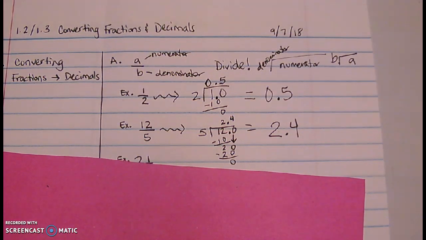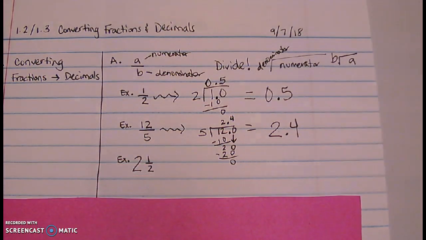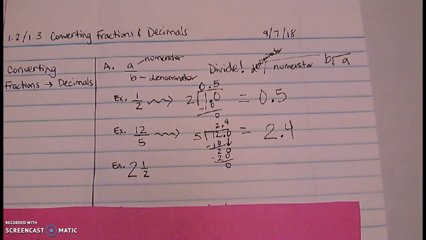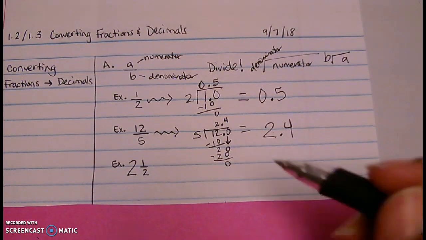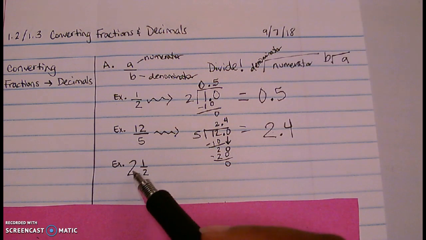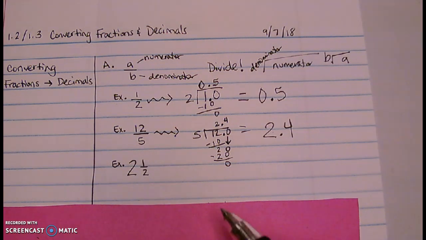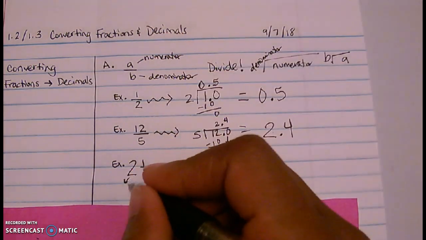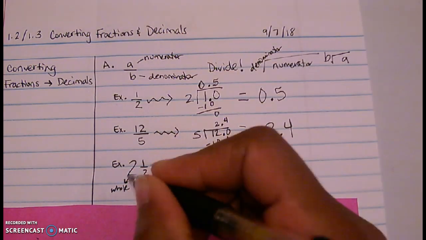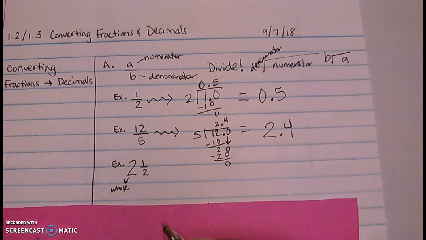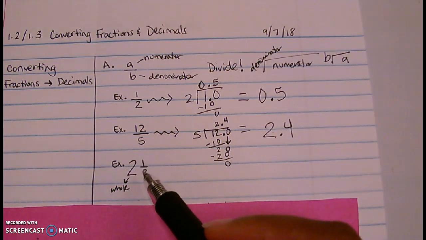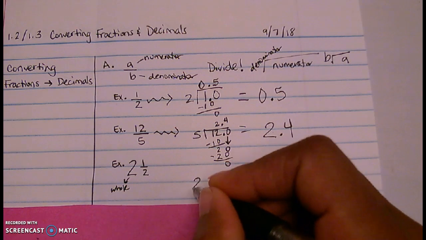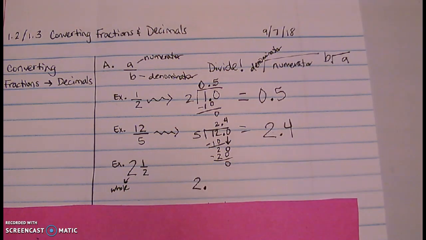Finally, for our last problem, we're going to see what it's like to do this with a mixed number. Now, this number right here, we have to keep in mind that this is a whole number. So if it's a whole number, when I'm doing my decimals, I can put this in the ones place already, okay?